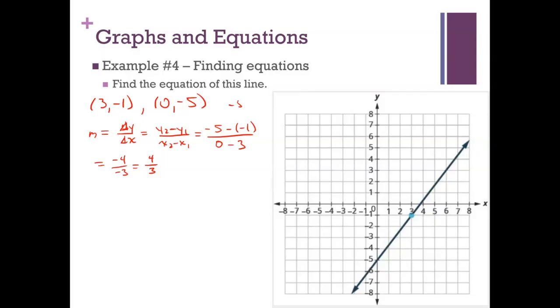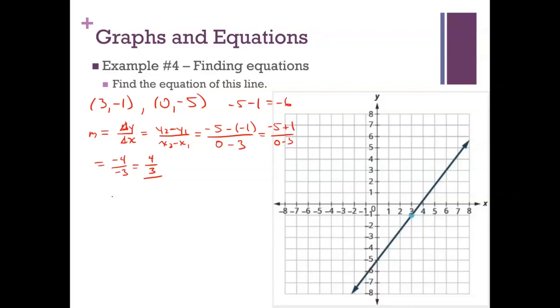If it was -5 minus 1, that would be -6. But what we have is minus -1, right? So that's -5 plus 1. Yeah, you're good. So slope is 4/3. What other information do we have to get?